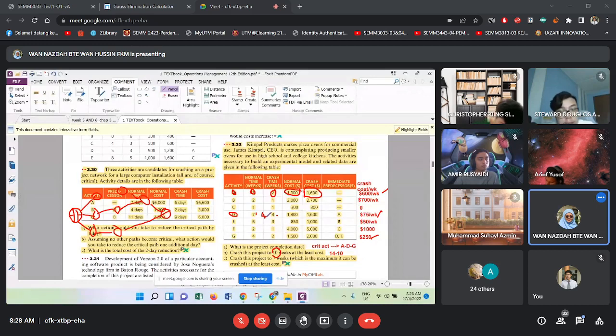Can you do it now? Can you show the new network diagram after crashing activity D from 7 to 4?